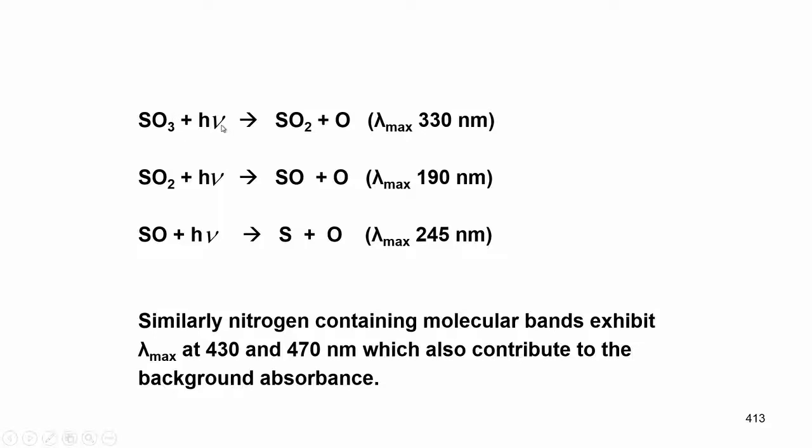Sulfite will react with the electromagnetic radiation coming from the hollow cathode lamp and reduce to sulfur dioxide and oxygen, and this can also form sulfur oxides or sulfides, but the sharp lambda max peaks you will get are at 330, 190, 245 etc. Similarly, nitrogen containing molecular bands, NH2 groups, exhibit lambda max at 430 and 470 nanometers.